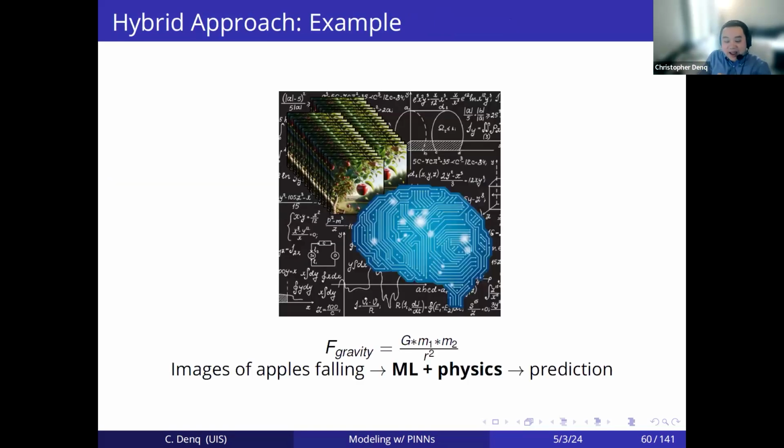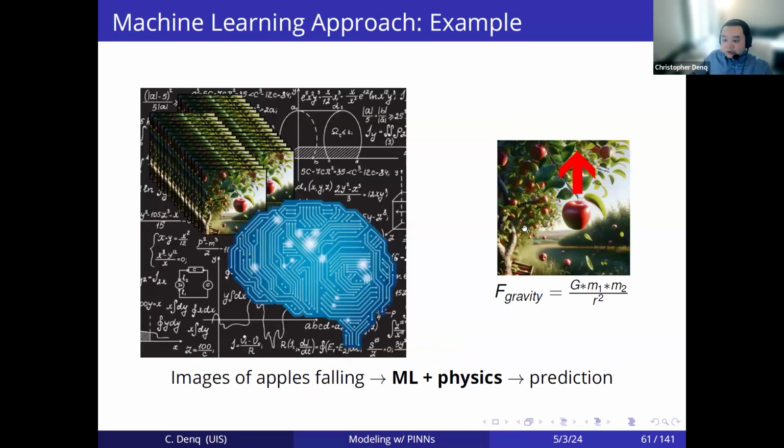So let's come back to our apple example one final time and think about how a hybrid approach might change how we model this apple. So remember, PINNs is a hybrid approach. So it has the data, right? This is the machine learning. It has the data, but it also has the math part, the math equation, the gravity equation here. So recall that a PINNs model makes some sort of prediction. Let's say it predicts that the apple goes up.